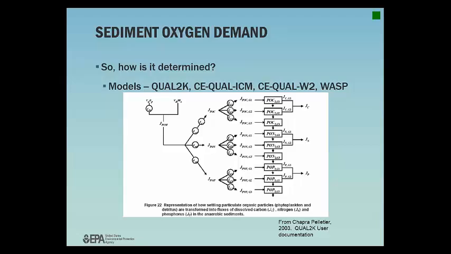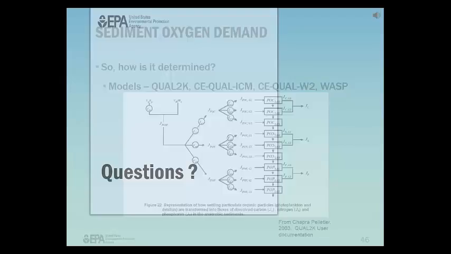It's very useful as we go through the TMDL process and the waste load allocation process that we can predict sediment oxygen demand and nutrient fluxes under the current condition, but also under the TMDL or the waste load allocation scenario. This seems to be a fairer way of doing load reductions.